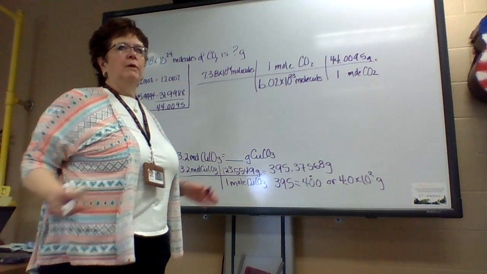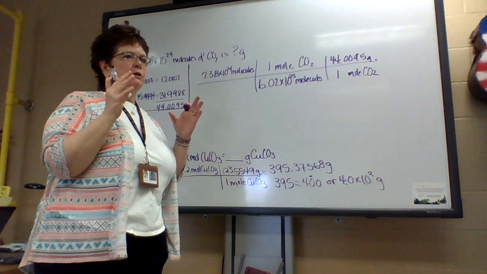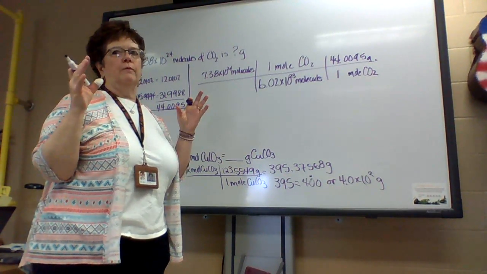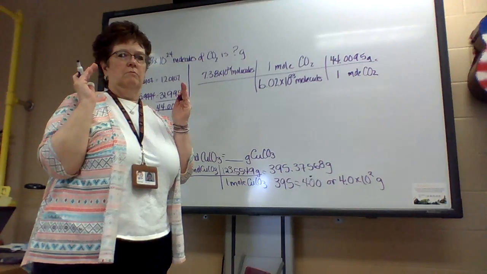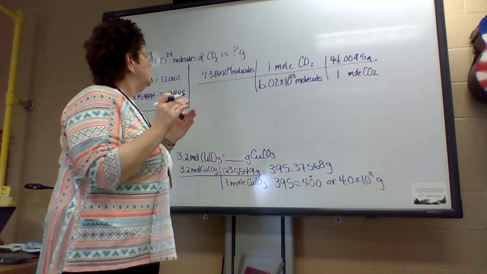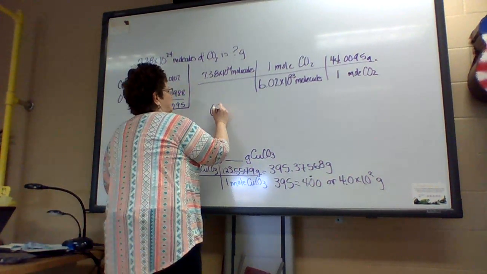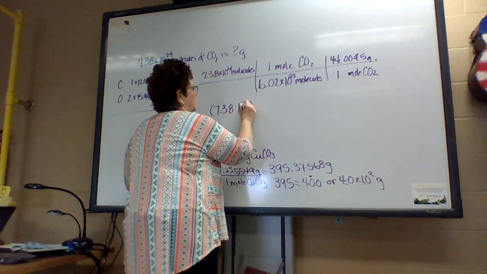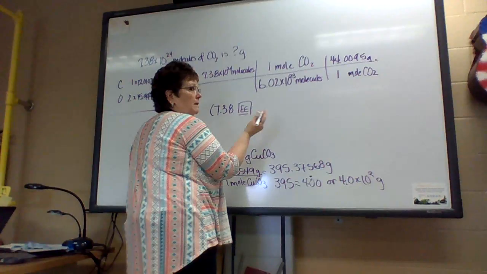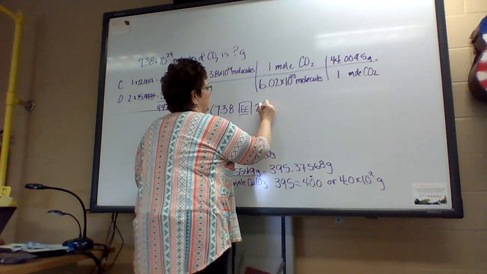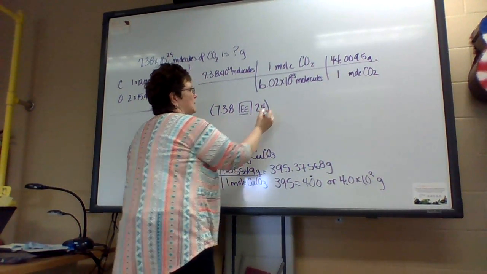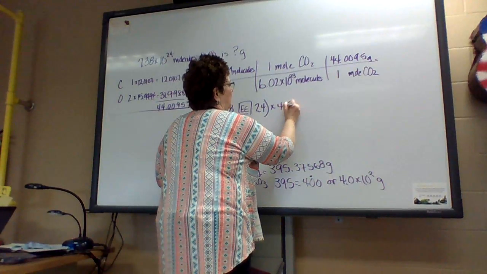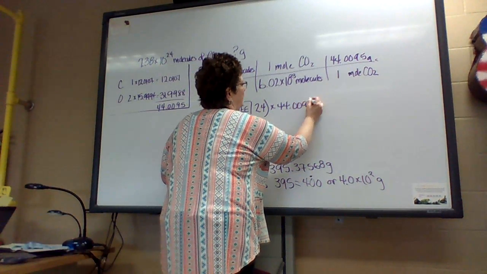All right. Now, what is the hint I gave you when you want to plug this into your calculators, especially your phone calculators? Using parentheses. So you're going to go parentheses 7.38, and then you have that EE button, or E button, 24, parentheses, times 44.0095.